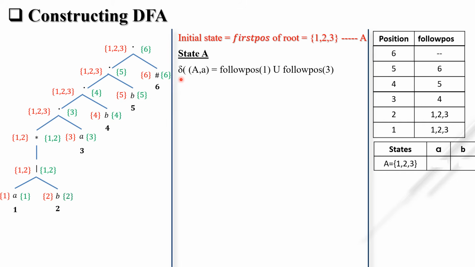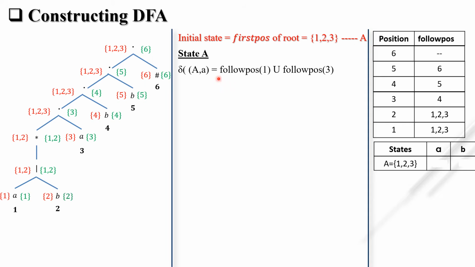We have to find the transition of A on A. Now how do we find this? What is our A? 1, 2 and 3. At position 1, is there A or not? Yes. So we have to find the follow position of 1. At the second position, do we have A? No, so we are not considering this. Then at the third, do we have A? Yes. Then what is the follow position of 3? 4.